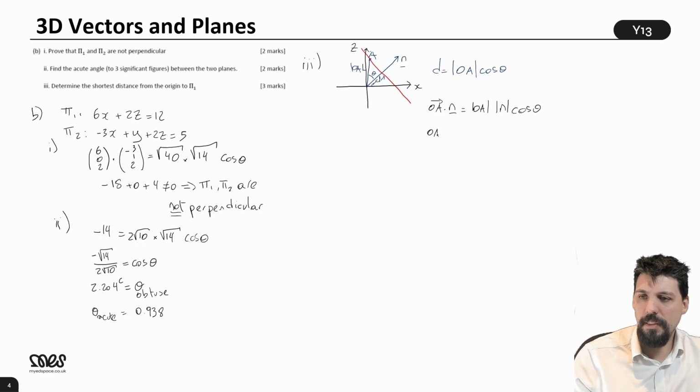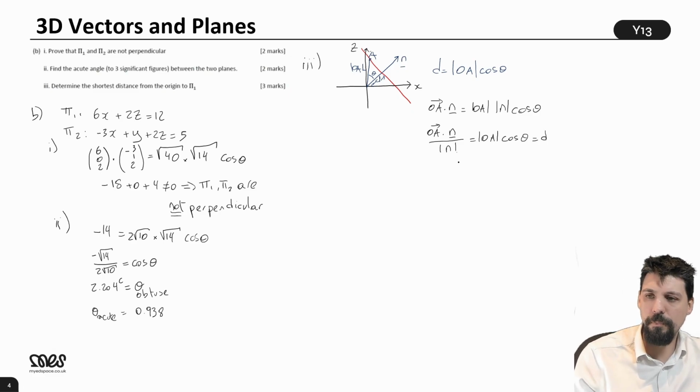Which means that OA dotted with n over the length of n is equal to the length of OA cos theta, which is that distance we are looking for.